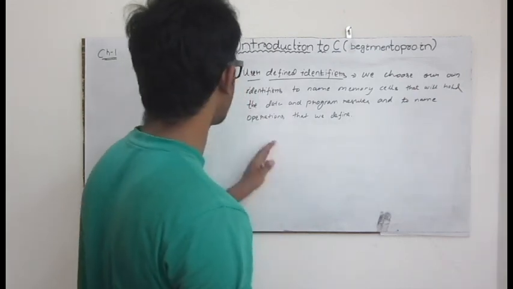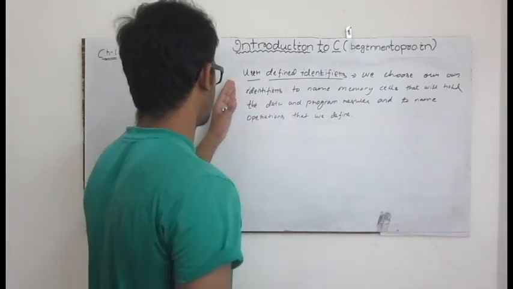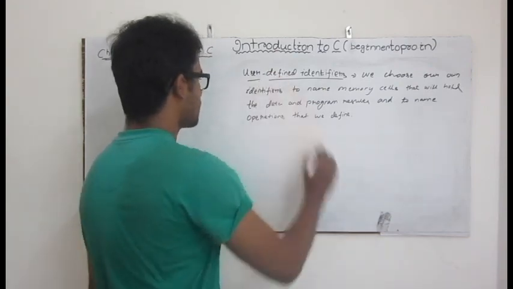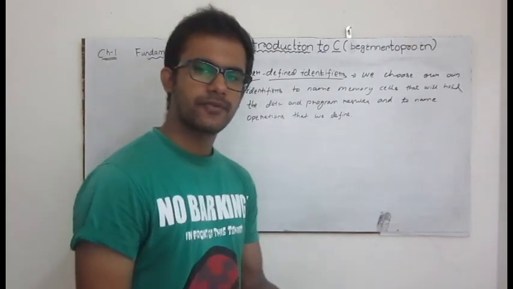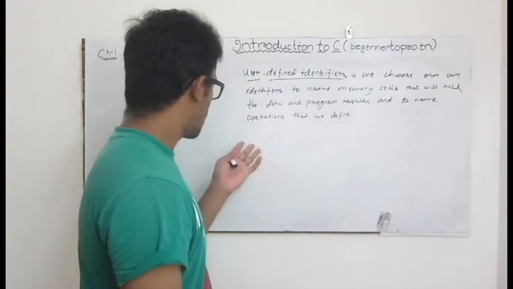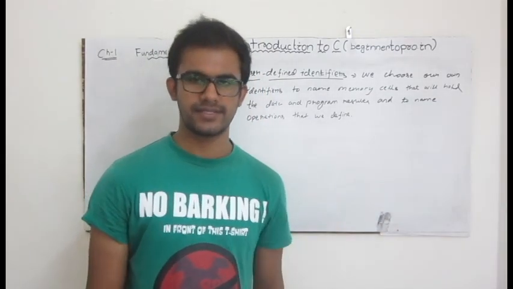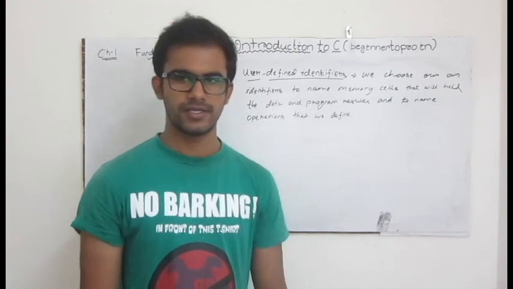Okay, so now you know about the user defined identifiers. Now our next part will be what are the rules to declare these identifiers, the syntactical rules.